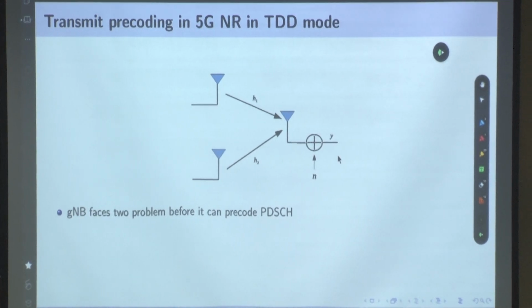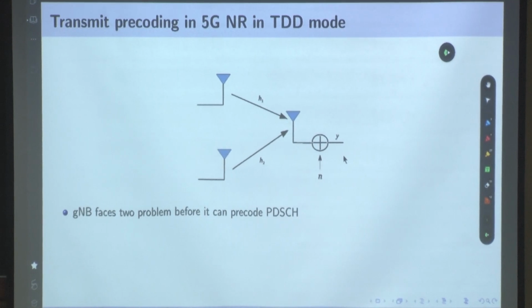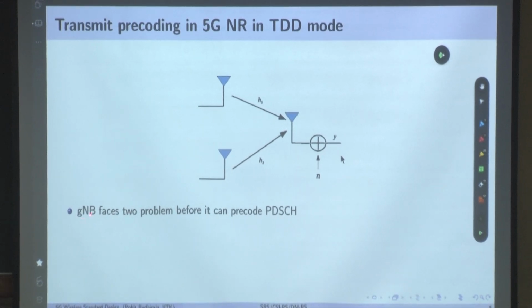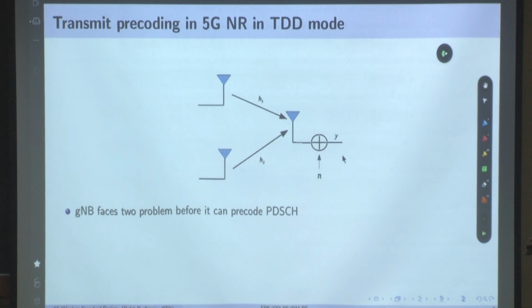Now, before the base station can do this precoding, it faces two problems. And what are these two problems? What this bullet says is that the gNB faces two problems before it can precode PDSCH. What is this X? X is basically the data which needs to be transmitted, and the data is PDSCH which needs to be transmitted.